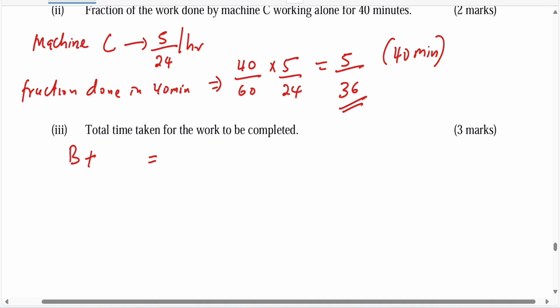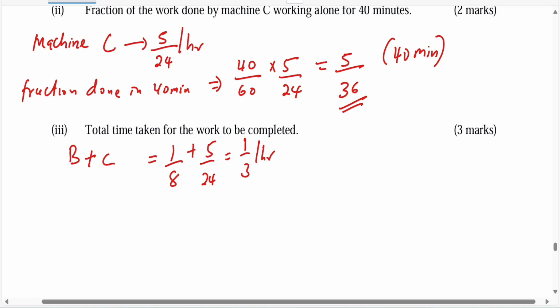So rate here B tulisema ni 1/8 per hour. Rate here C tulisema ni 5/24. So wakifanya kazi pamoja watachukua rate gani? So B and C, 1 divided by 8 plus 5 divided by 24, it gives us 1/3 per hour.